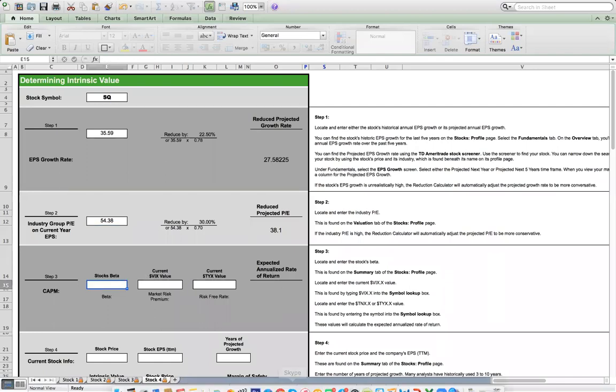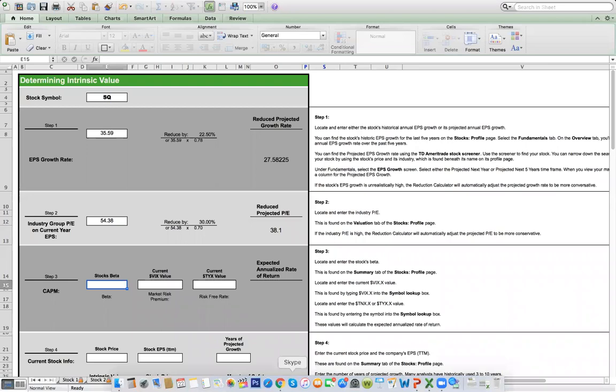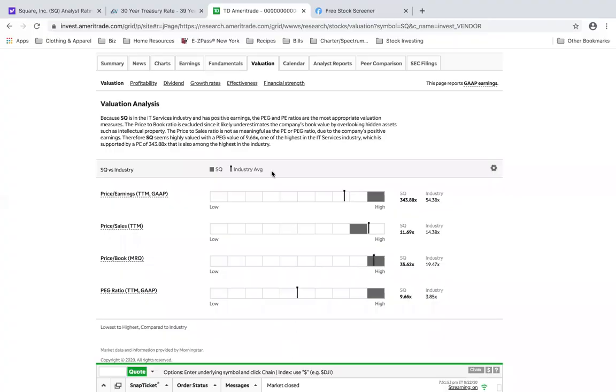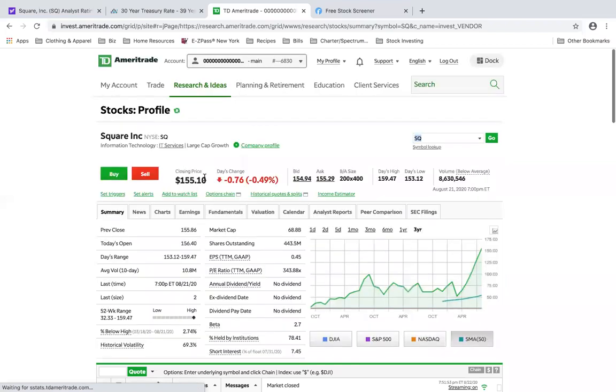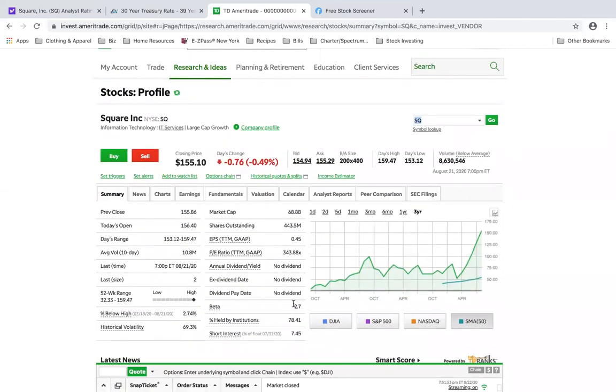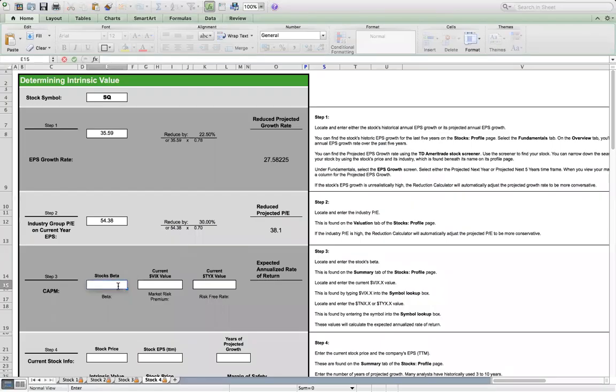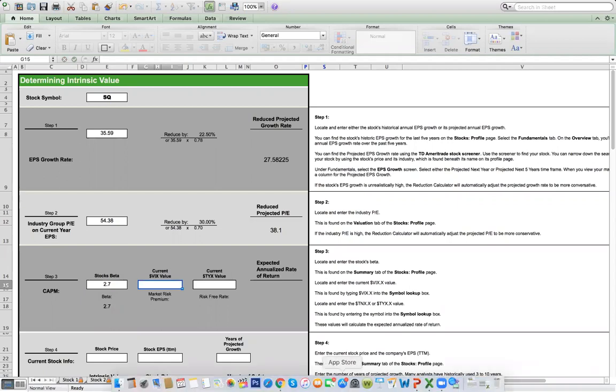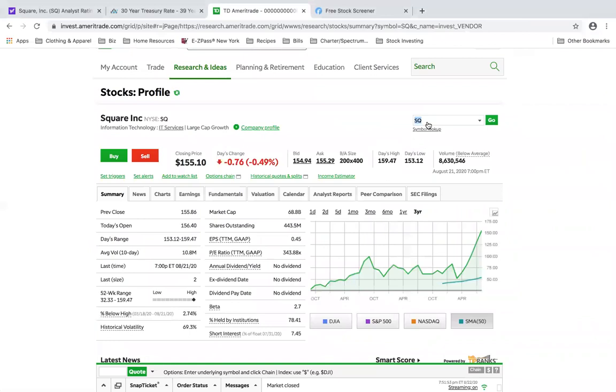So for here with Square, you would plug in the beta. For Square, beta is right here at 2.7. And here for the market risk premium, in this equation or this chart, you would just plug in the volatility rate, which is the VIX, and you can just pull that up also right here.